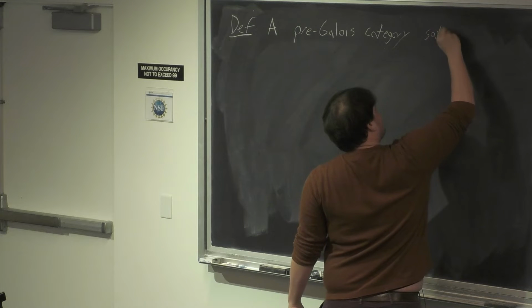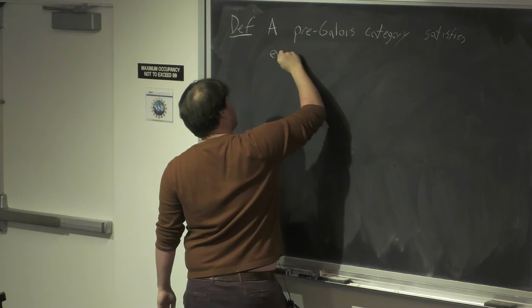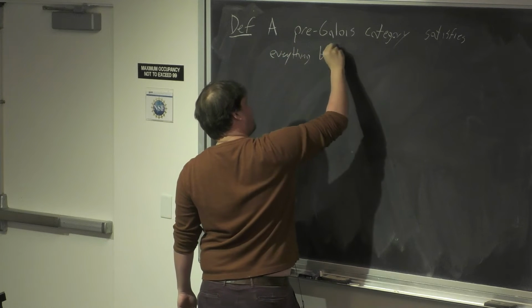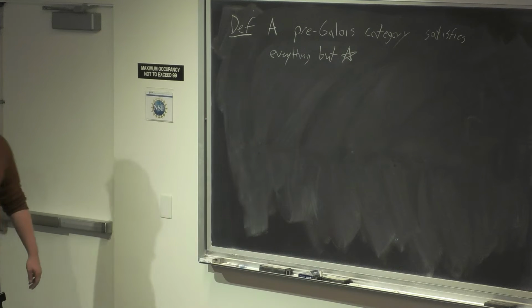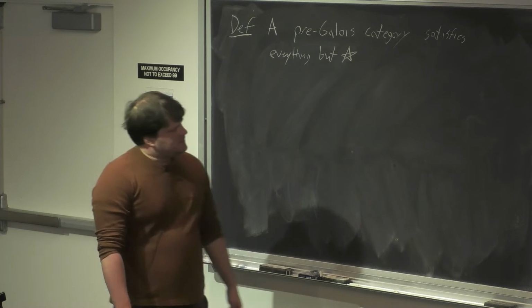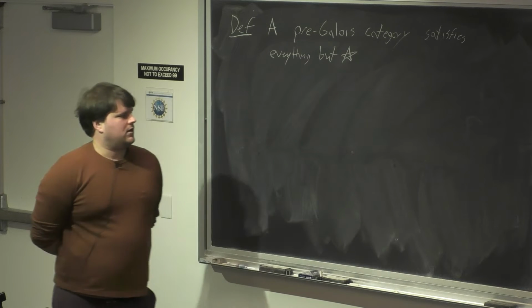It satisfies everything but that pesky fiber functor axiom. Okay, so that's our definition of a pre-Galois category.